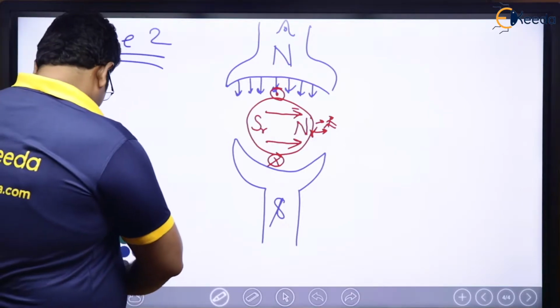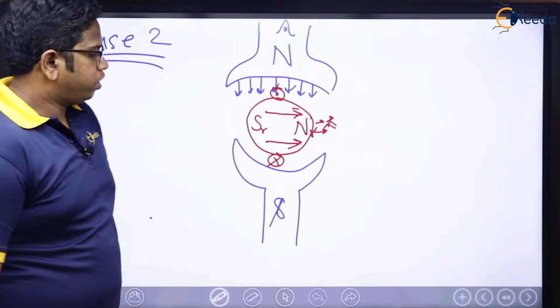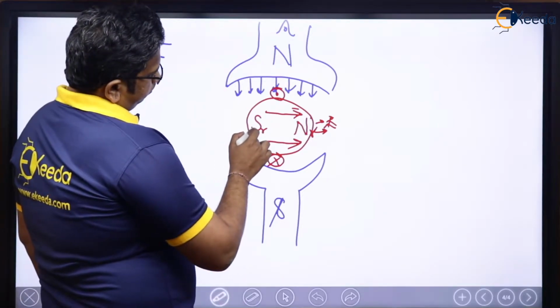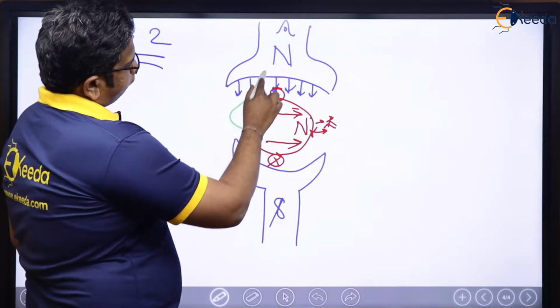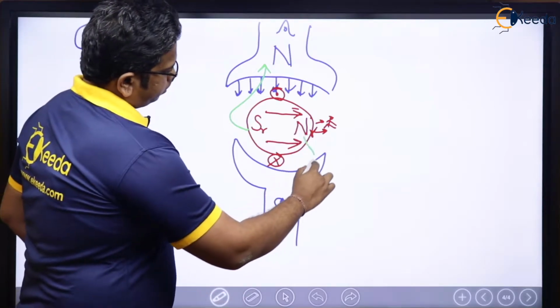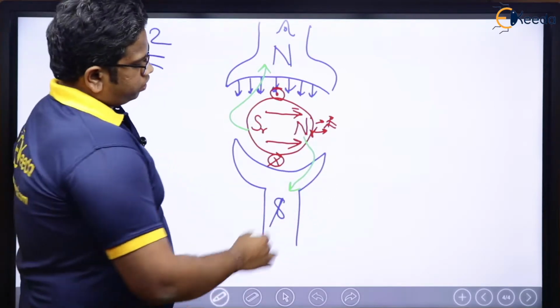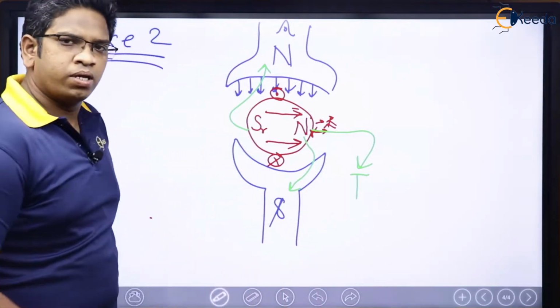Now if you see here, this is south, this is north, they will get attracted. North and south will get attracted, which means torque is produced in this direction, right?